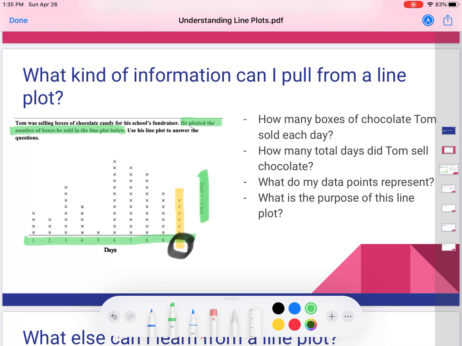All right. Did you say that this line plot shows us the amount of boxes Tom sold in a 10-day period? If so, you're right. The purpose of this line plot is to tell us how many boxes Tom sold, either over a 10-day period or each day that he sold boxes.